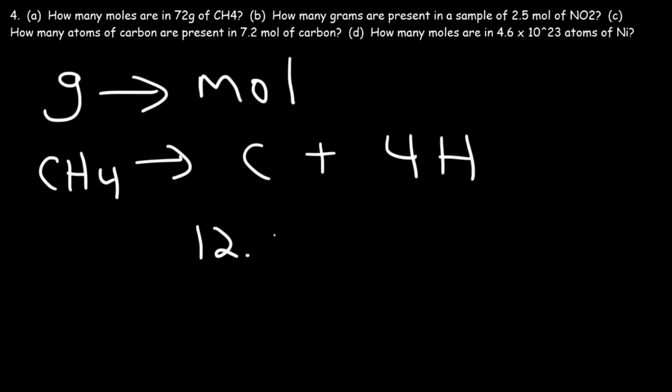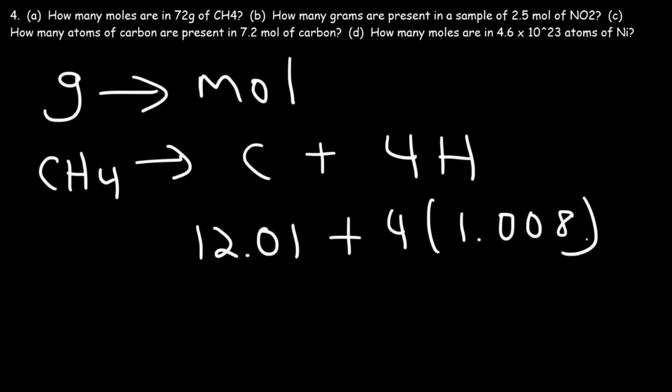Now the atomic mass of carbon is 12.01, and for hydrogen it's 1.008. So let's go ahead and plug these numbers in. You should get a molar mass of 16.042 grams per mole.